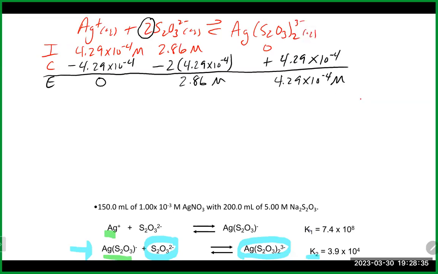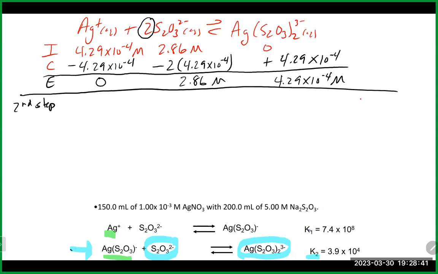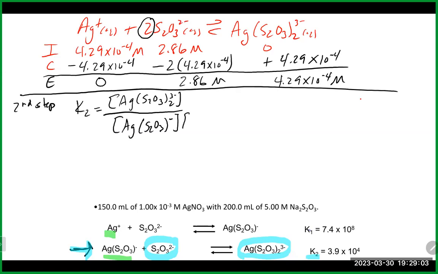So I'm going to take the second step here in that mechanism, which is this guy obviously here at the bottom. And I'm going to write the equilibrium expression for that, which would be the concentration of our product here divided by our reactant, which is this guy, and this guy here.